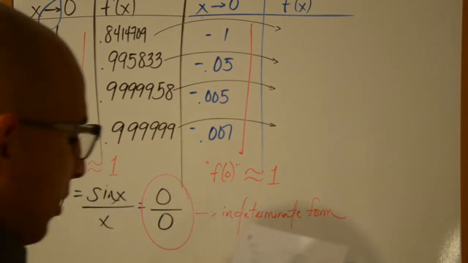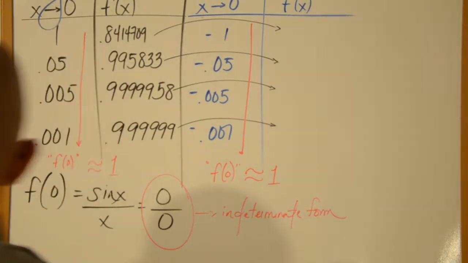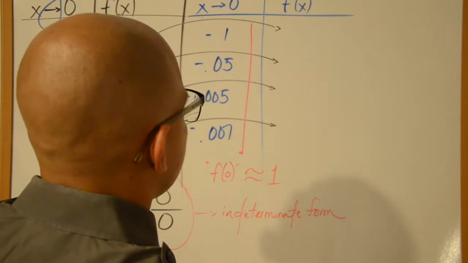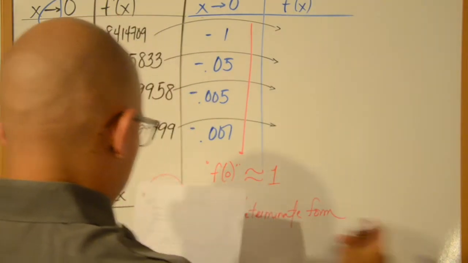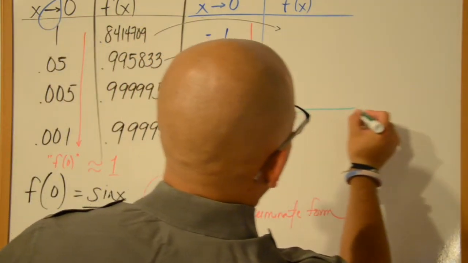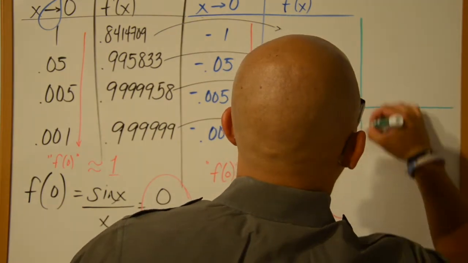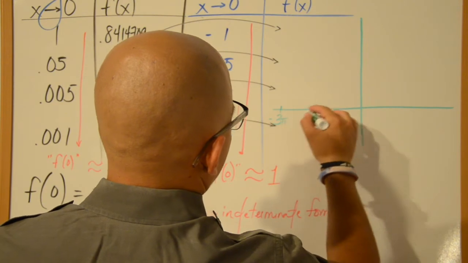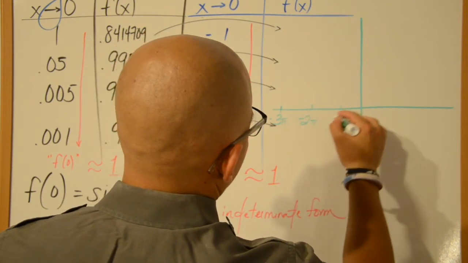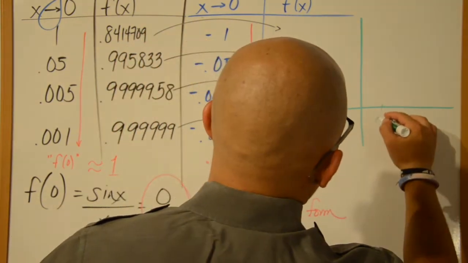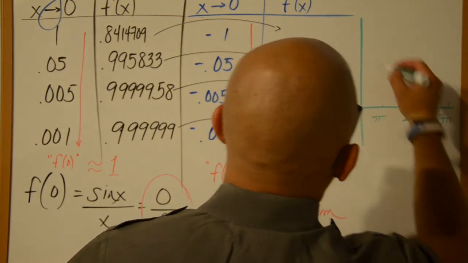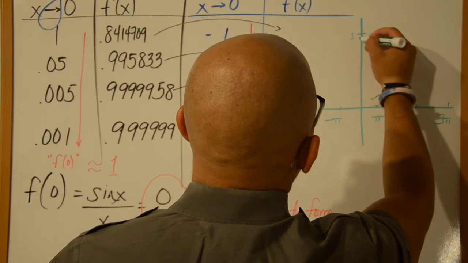If I were to draw a graph, now I hope I have enough room to draw you a graph. Set our axes -3 pi, -2 pi, negative pi, pi, 2 pi, 3 pi, and let's say that this value is 1.